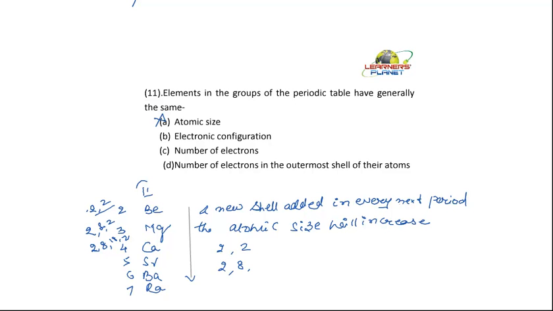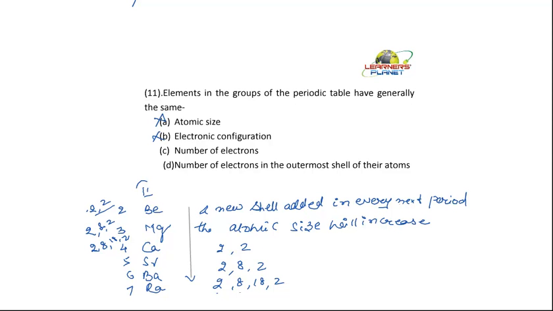I'll write the configurations here clearly: 2, 2; 2, 8, 2; then 2, 8, 18, 2; then 2, 8, 18, 32. So you remember till here. The electronic configurations are not the same, so this will also be wrong.